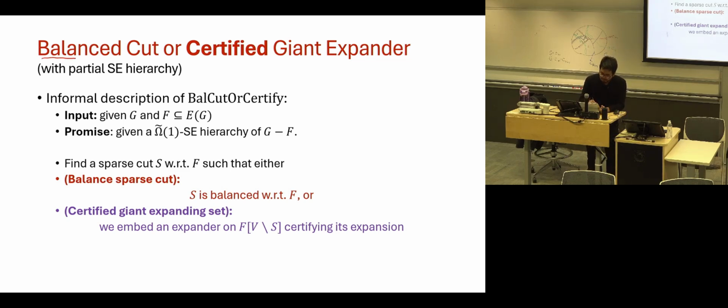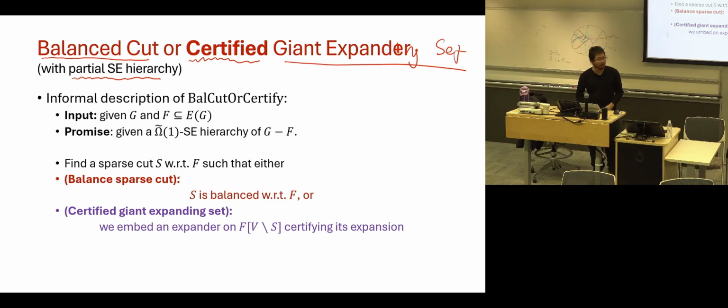It's basically balanced cut or giant expanding set. Maybe I should write giant expanding set. This is a thing that we have seen before. We used it many times for expander decomposition, but here I just need a certified version. And I also have some promise. Let me informally tell you what this subroutine is.